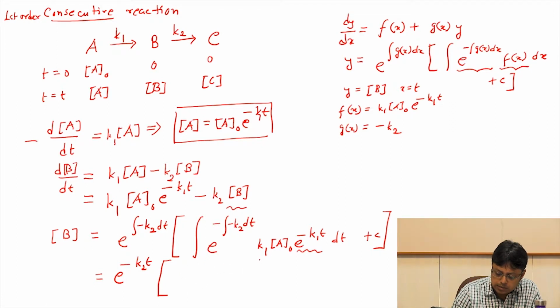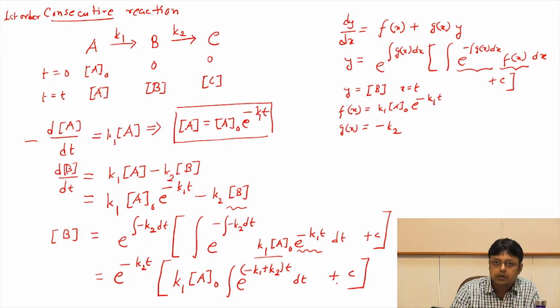Also there are some constants which I can take out of the integral, K1 into A0, into an integral of e to the power, remember it is now minus K1 plus K2, into t, into dt, and then I'll also have a constant of integration.